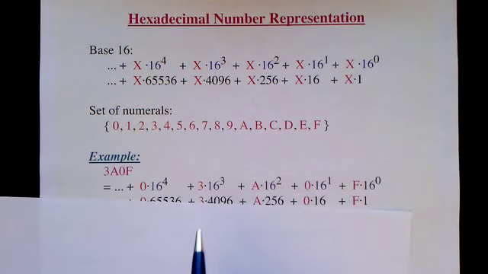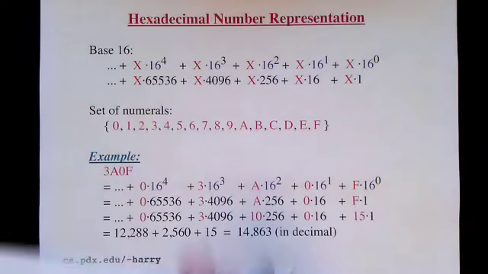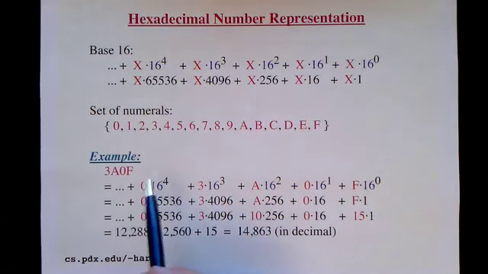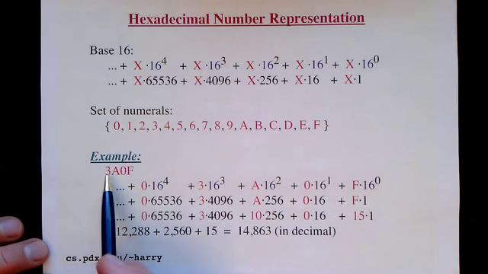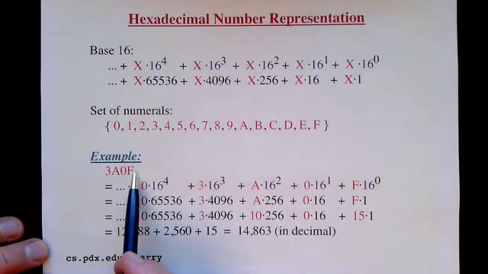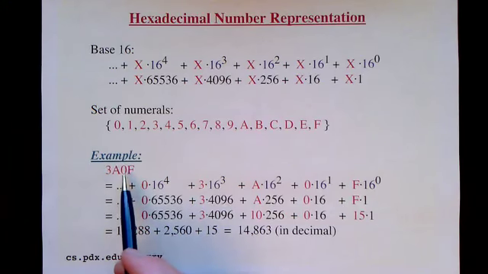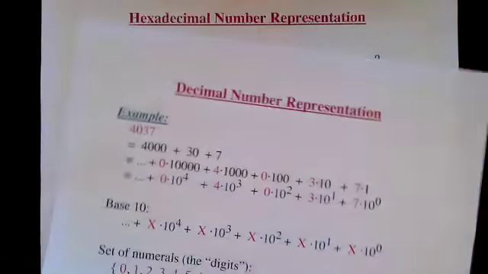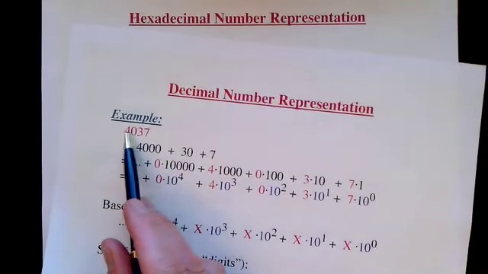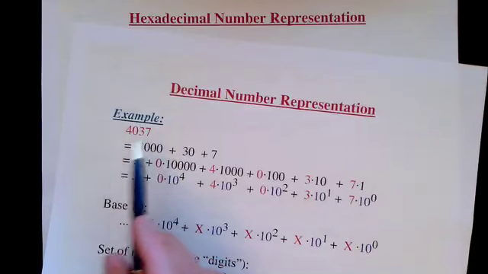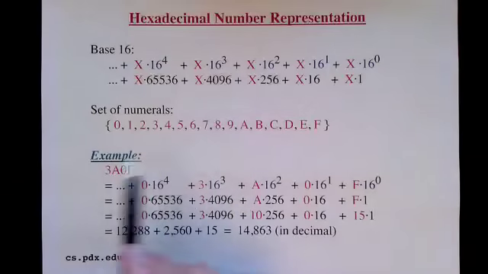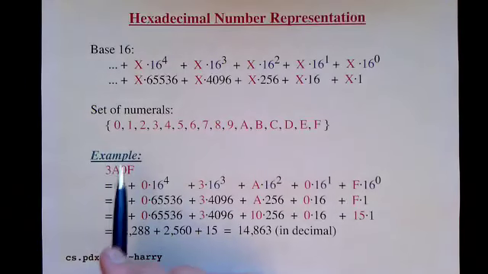Okay, let's take an example number in the hexadecimal system. And the number we're going to look at is 3A0F. Now, I'm going to read hexadecimal numbers like that. If it were a decimal number, like in our previous slide, we had the number 4037, and we read that as 4037. We have a way of reading these things. There's not a similar way to read these.